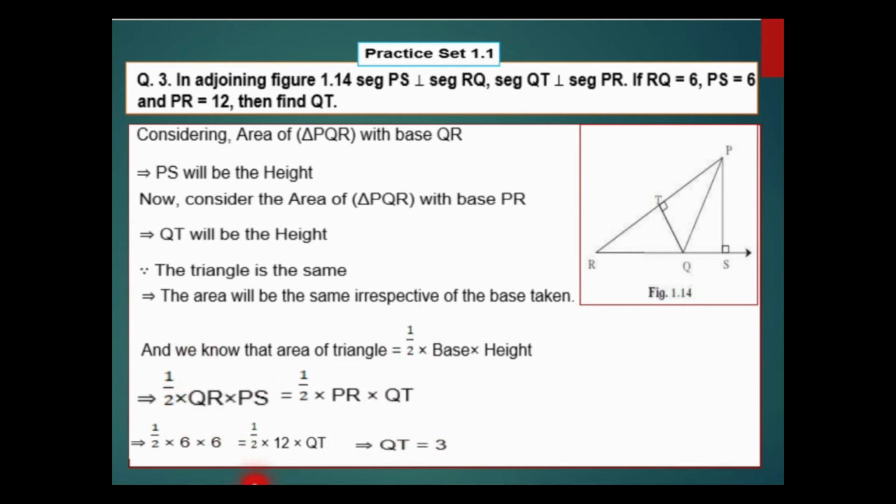So the half gets cancelled. We substitute the value of QR, that is 6, the value of PS, that is again 6, the value of PR, that is 12. So after cancelling, dividing by 6 into this 12, we get 2 and 3 sixes are 6. So we get QT equals 3.